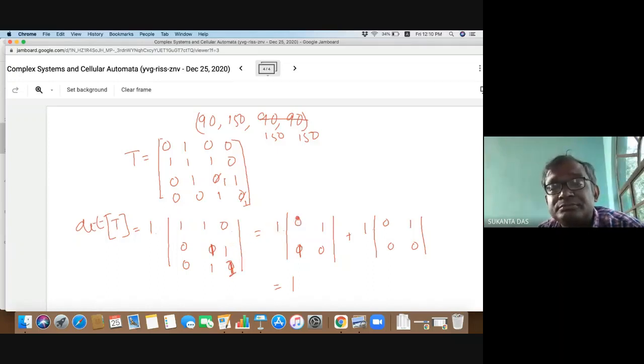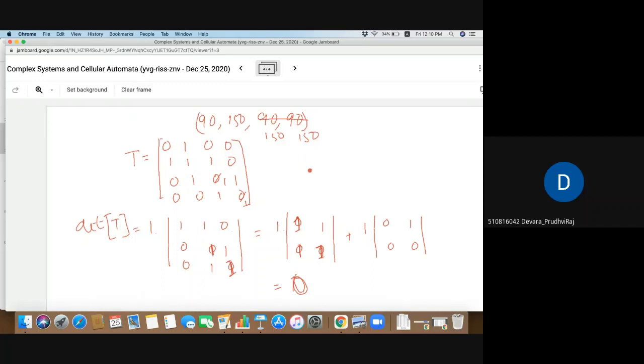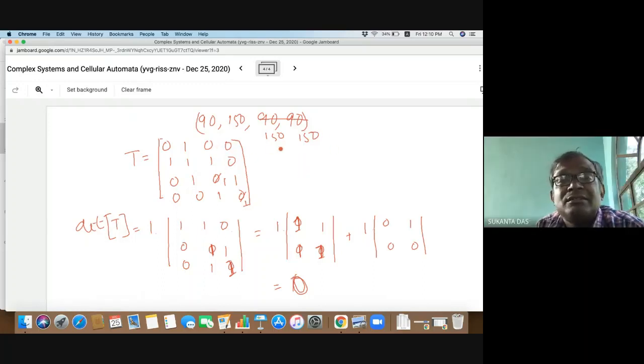Yeah, in this case, yes. So in this case it will be 0. Am I right? In this case, if this CA is like this, if my CA is 90, 150, 150, 150, then I get determinant 0.